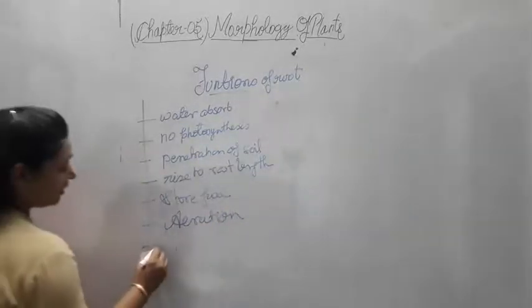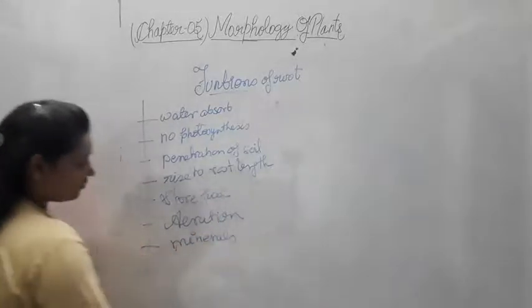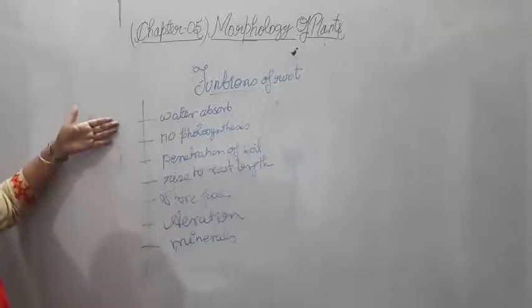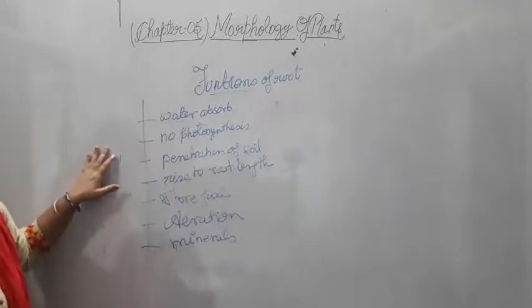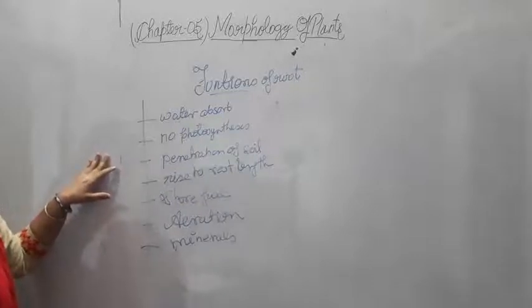They also take minerals from the soil; whatever minerals are there in the soil are absorbed by the plant with the help of water. So roots perform several functions. They absorb, and they don't perform photosynthesis. Their part is woody, not green, it's brown in color.